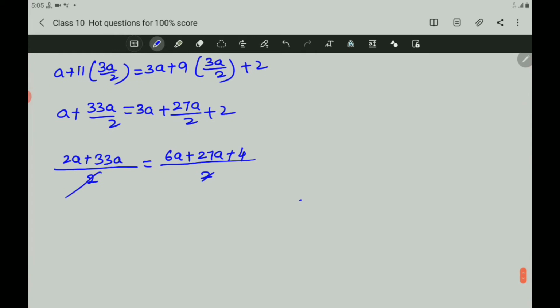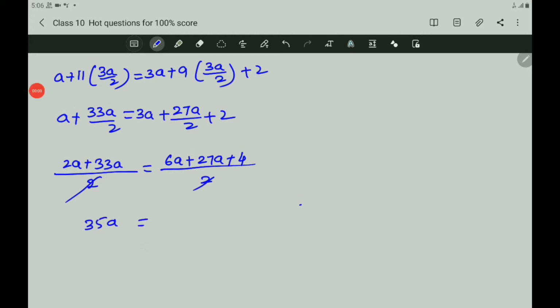Then cancel the 2 and the 2 because they are denominators on both sides. 2A plus 33A is 35A equals 27A plus 6A is 33A plus 4.